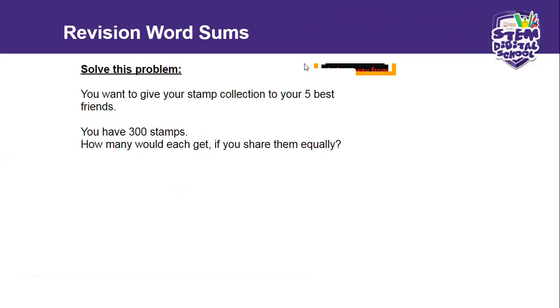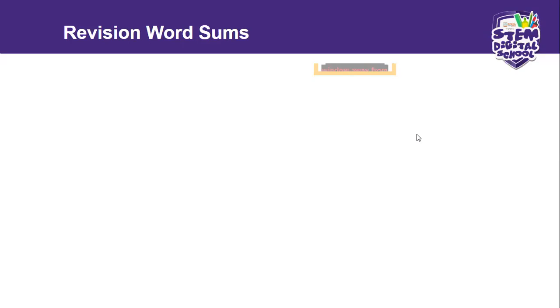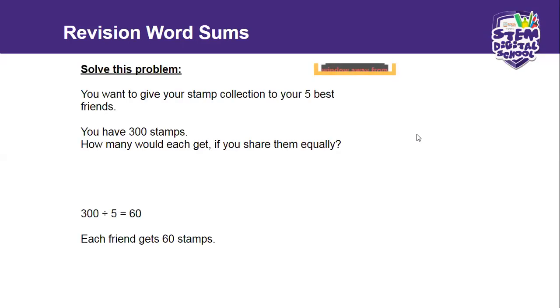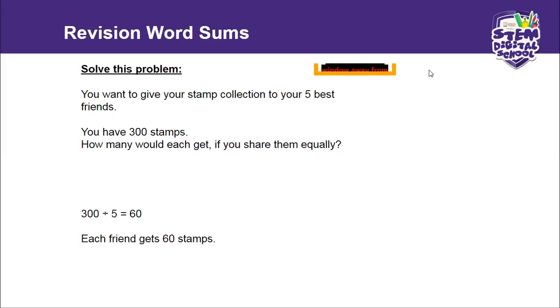I see Osama, I see Komoto. Okay, let's see and verify our answer there. We had 300 stamps, and we have 5 friends, and for us to share them equally, I see there are some who got it correct there, Komoto, and just double check your answer, and your answer there is 60 stamps.